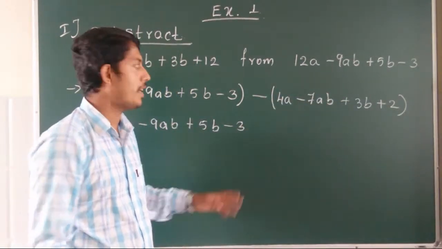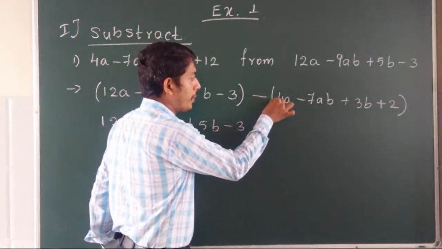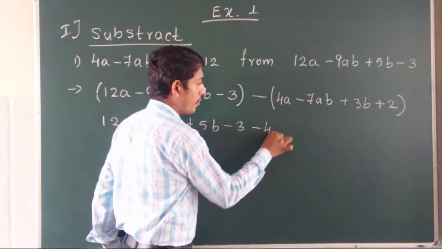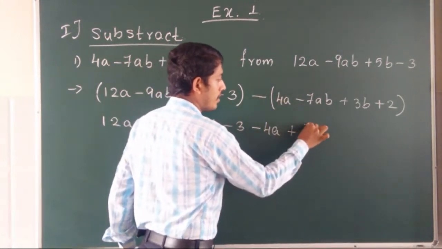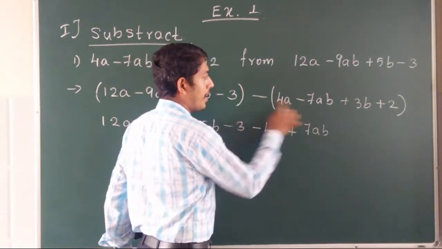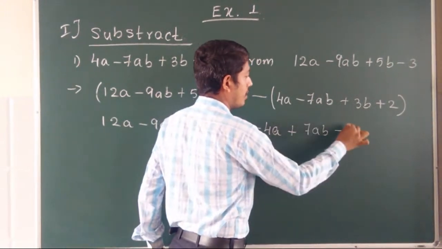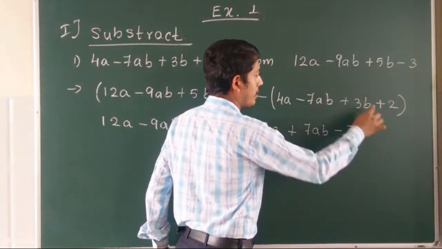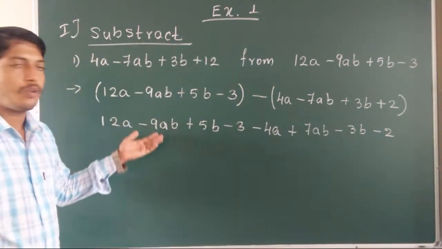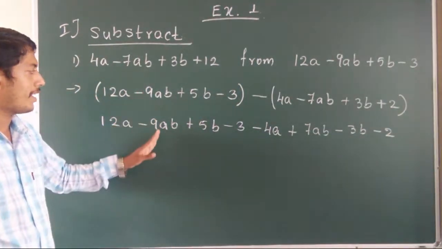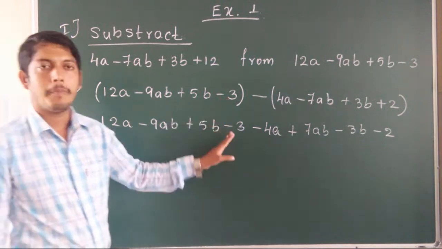So minus into plus, it becomes minus 4a. Minus into minus, it becomes plus 7ab. Minus into plus, minus 3b. Minus into plus, minus 12. The first expression I wrote as it is, that is 12a minus 9ab plus 5b minus 10.